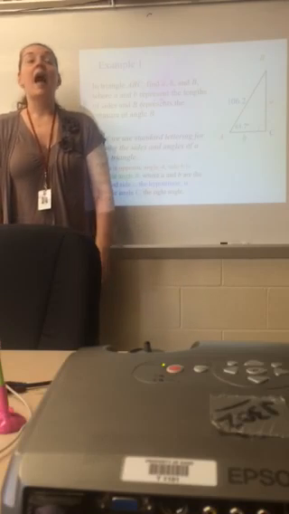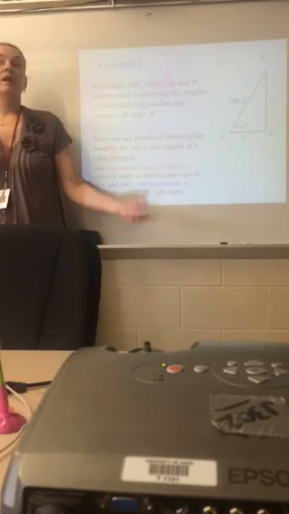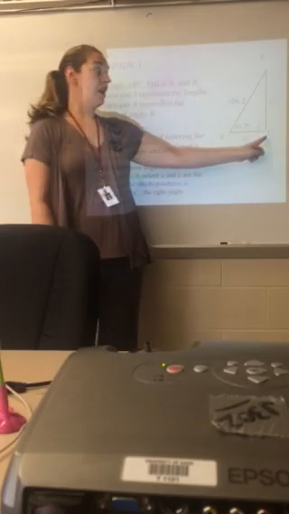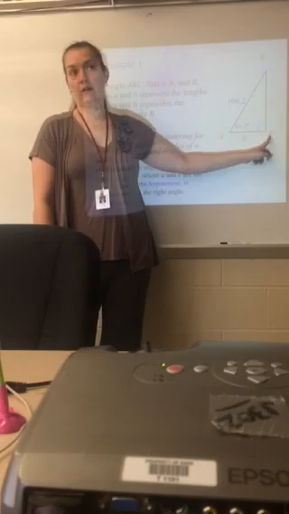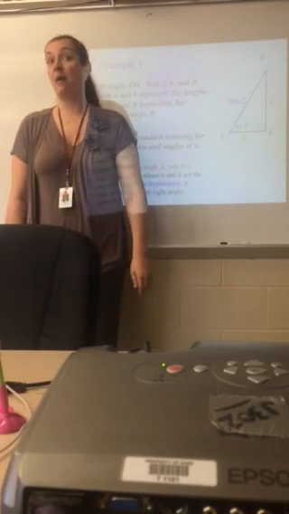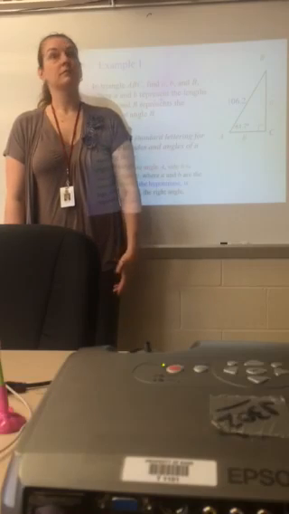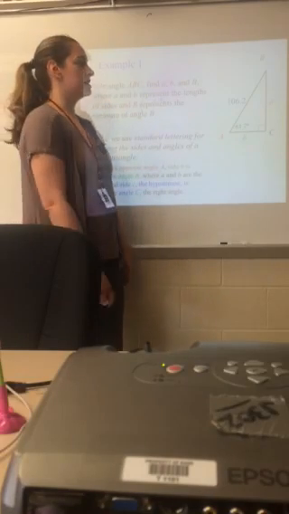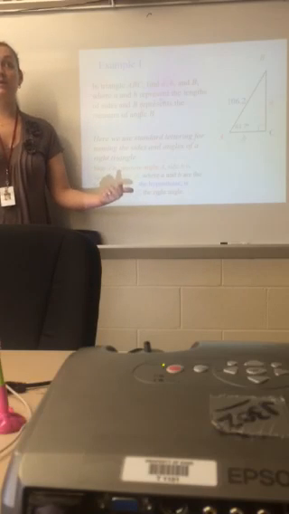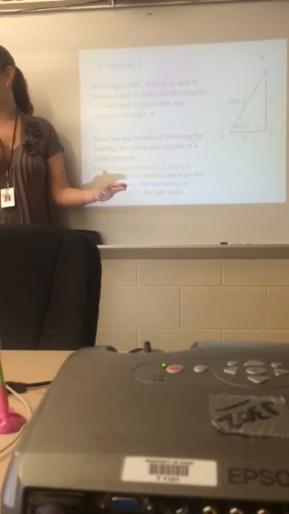As we go through this, don't be confused. C may not always be the right angle, which means C may not always be the hypotenuse. Why is that important? Well, in the Pythagorean theorem, a squared plus b squared equals c squared, correct?